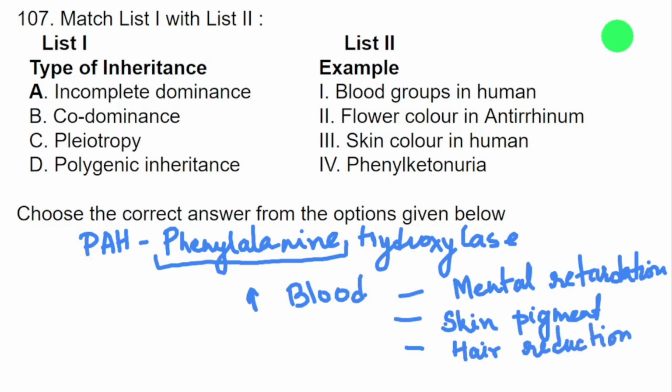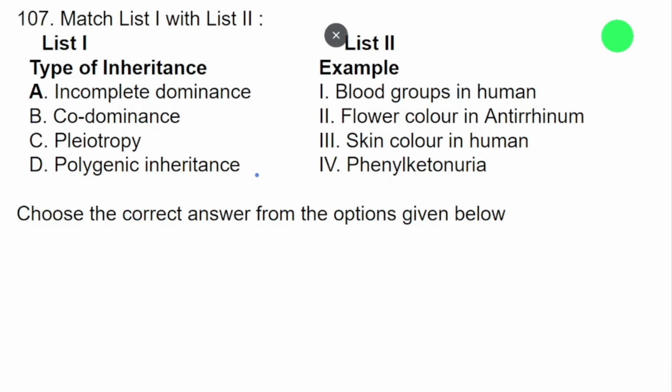So the multiple phenotypic effects seen due to a defect in one gene, this phenomenon is known as pleiotropy. And the classic example is phenylketonuria. So C is 4.